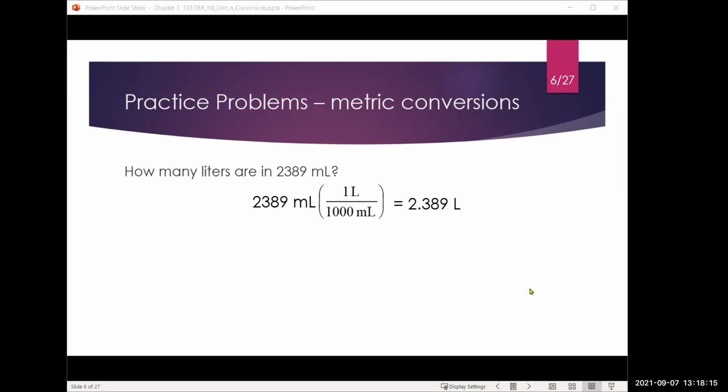Now, at the time, you probably would say, hey, I've got milliliters, go to liters, I simply move the decimal point over. And that is a correct statement. But if the problem says show your work, then show your work. This is an example of showing your work and how you got that converted.